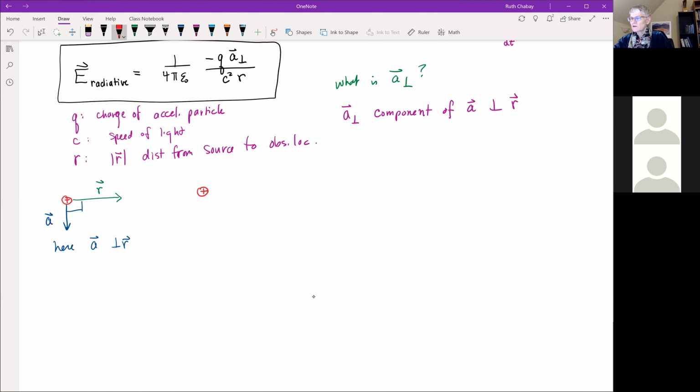So here's our charge. Here's our acceleration. But now let's say we're standing here. So now our r points like that.